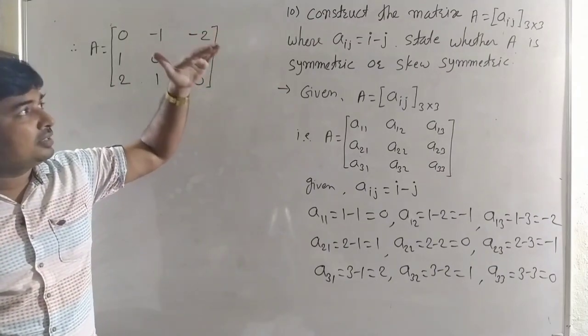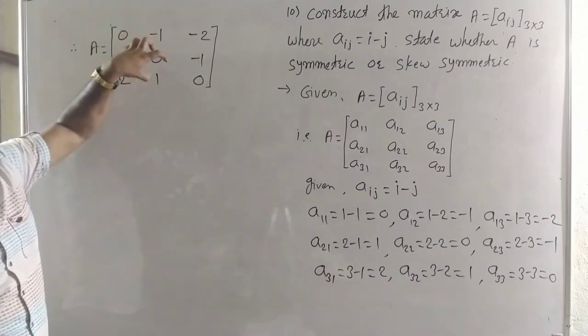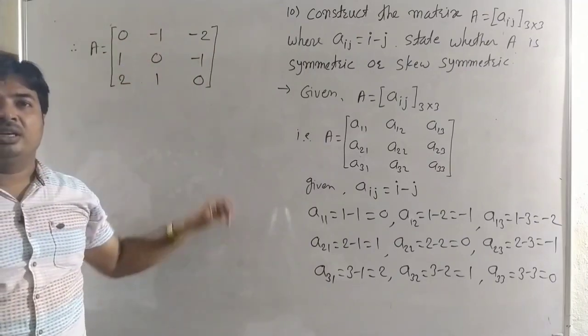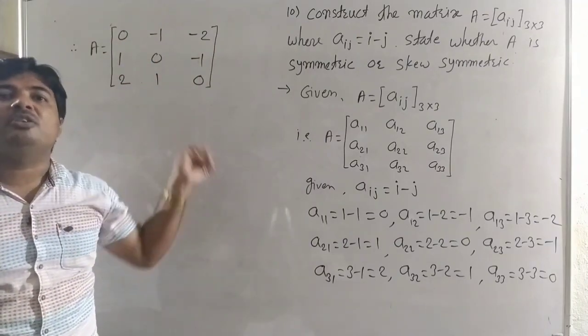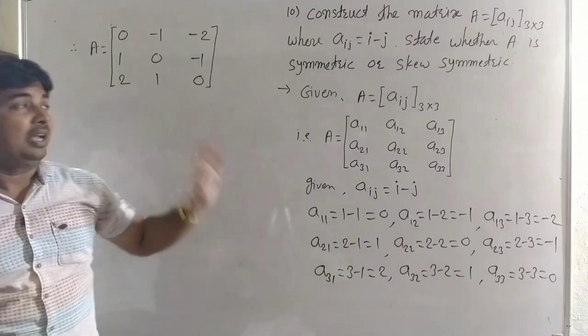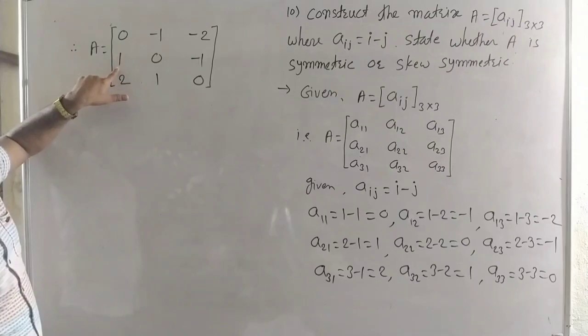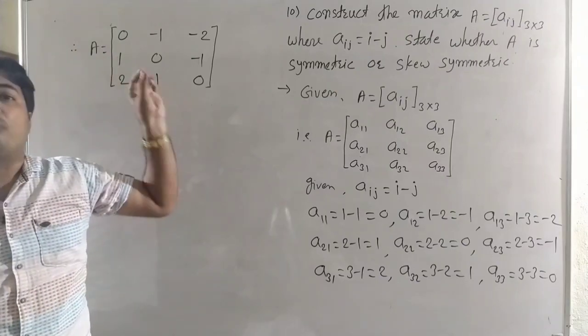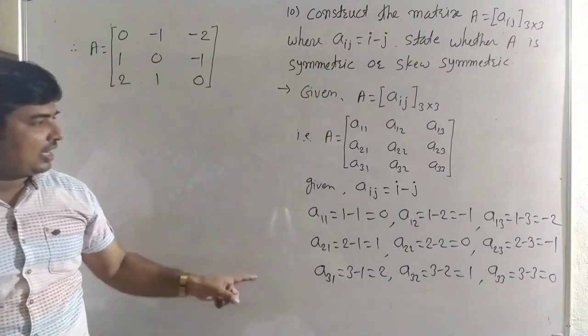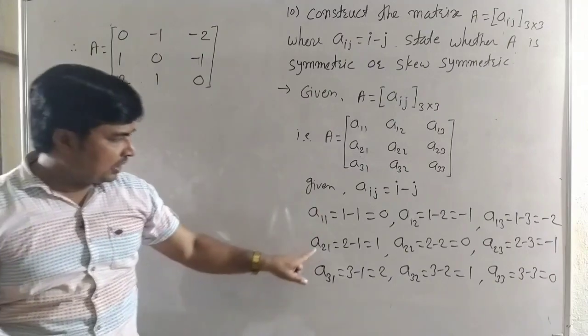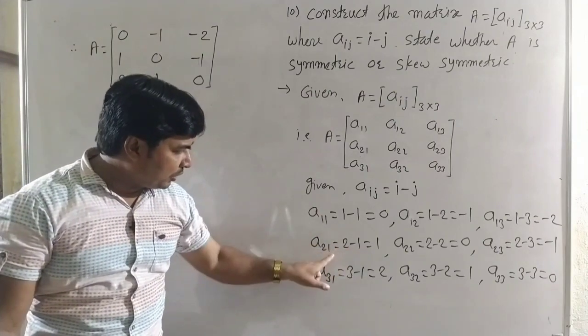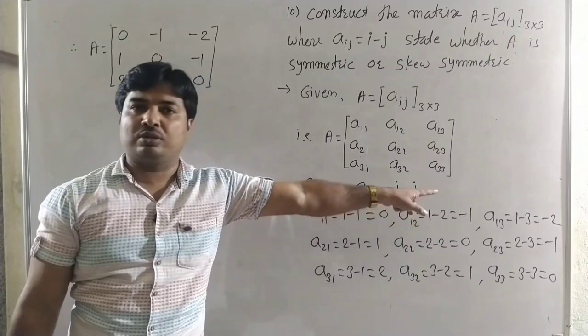Construct the matrix A. We constructed this matrix, and now we check whether this matrix is symmetric or skew symmetric. Here we clearly observe that here it is minus 1 and here it is 1. That means aij is equal to minus aji. a11 is 0, a21 is 1, therefore a12 is minus 1.